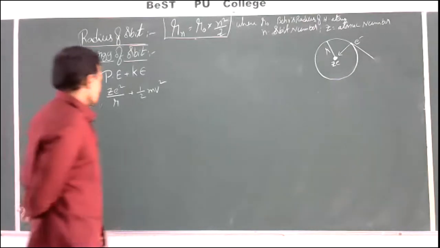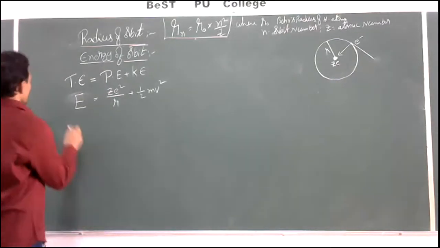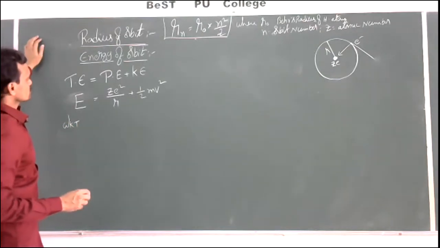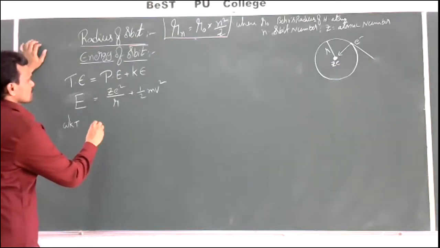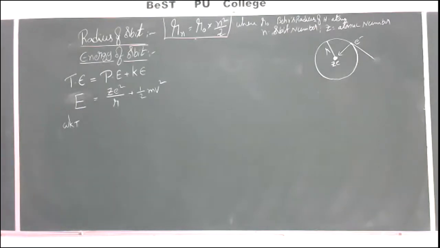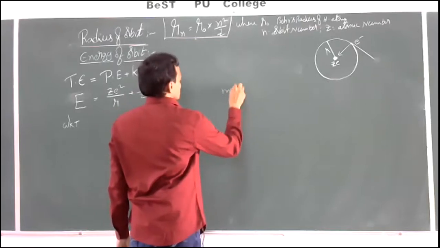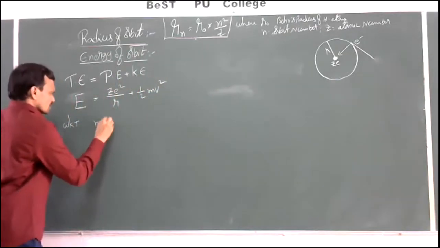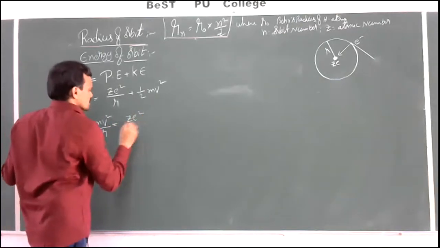Okay, right. Now, as we know that mv square by r is equal to Ze square by r square.